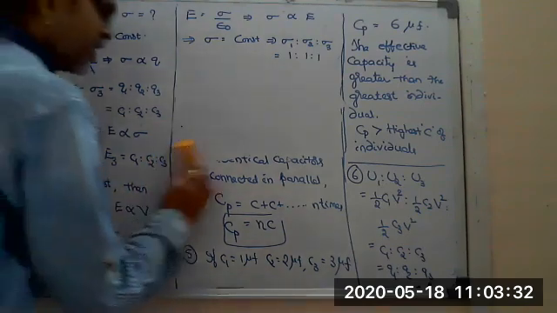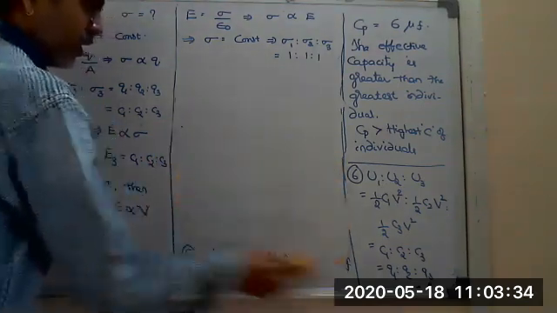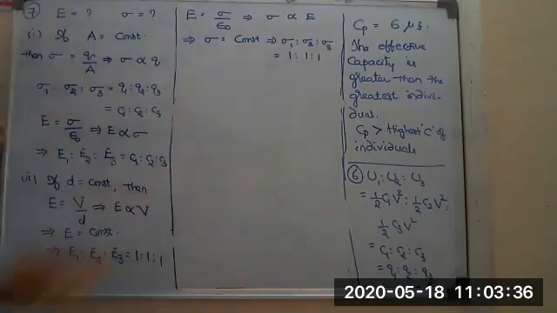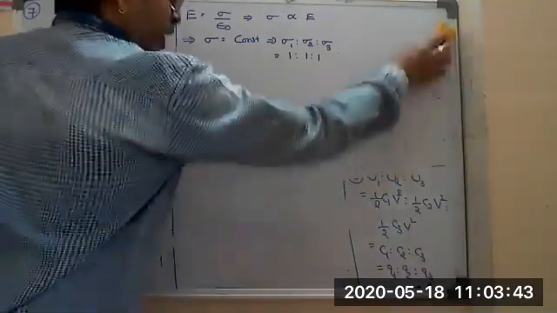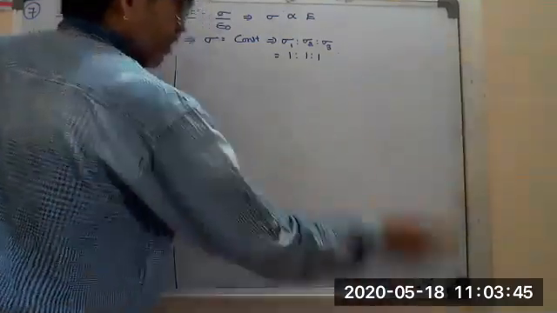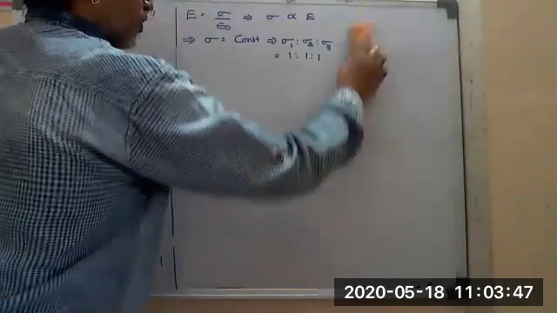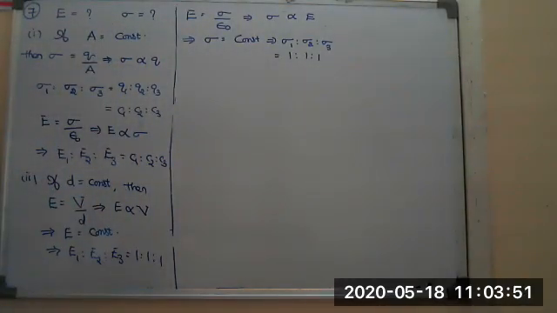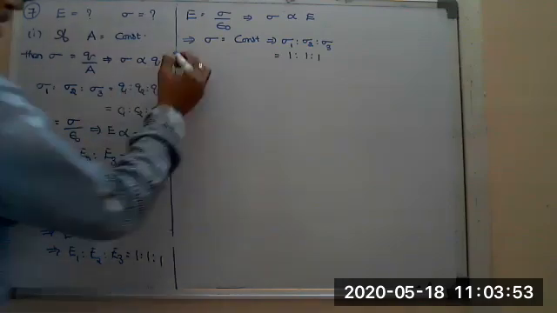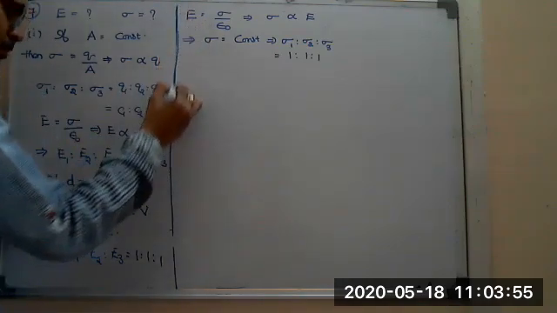And this is a small story about the series and parallel grouping of capacitors. While connecting in series or parallel, sometimes they try to confuse you when you come to numericals.